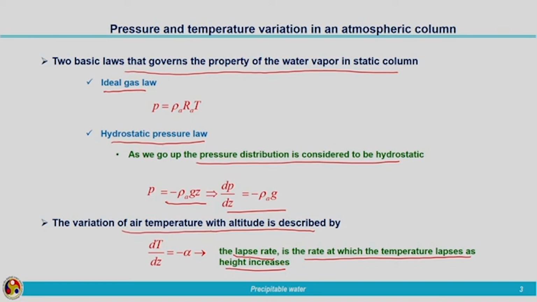Negative sign is there because as the altitude increases, the temperature is decreasing. So, dT by dz, variation of temperature with respect to altitude, is given by alpha, the lapse rate, and it has a negative sign because as the altitude increases, the temperature is decreasing.